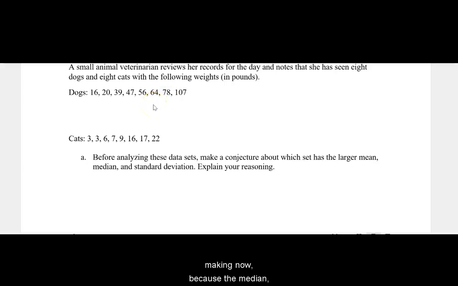Now, the median we would also consider to be higher for the dogs, because again, we have higher values than we do for the cat values. So again, we're going to think that the median is going to be higher and the mean is going to be higher. What about the standard deviation? Well, we would also consider the standard deviation to be higher for the dogs. Why?